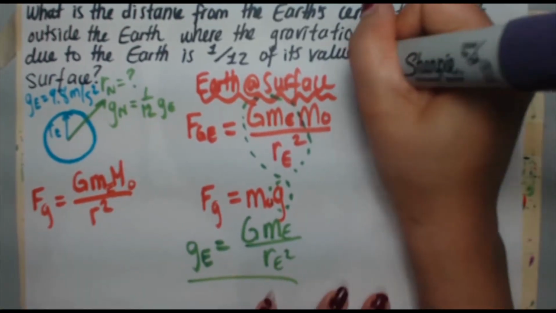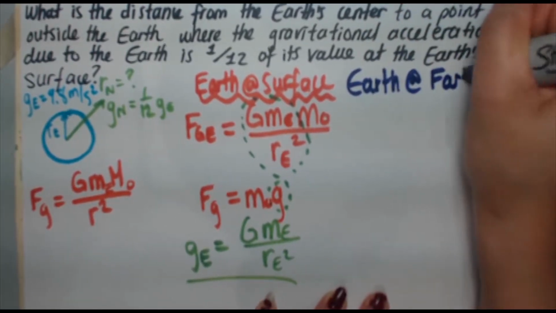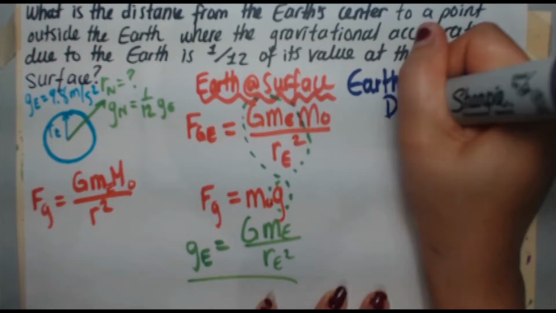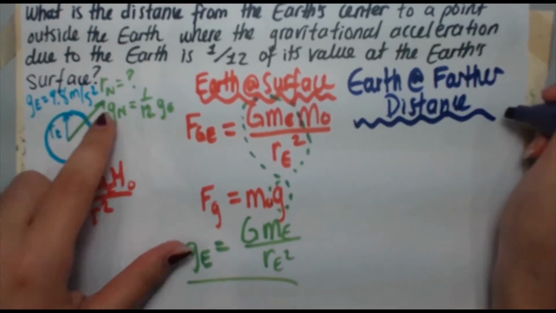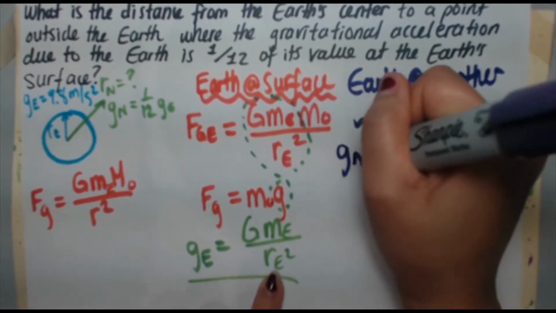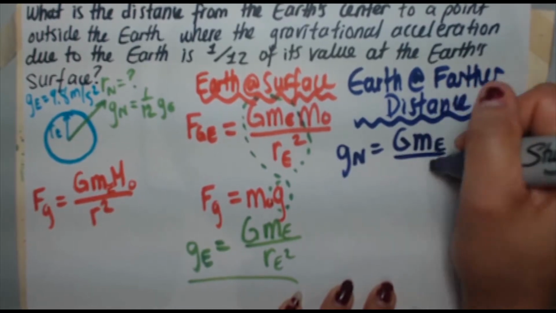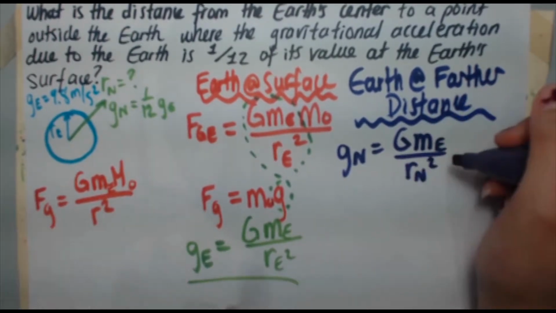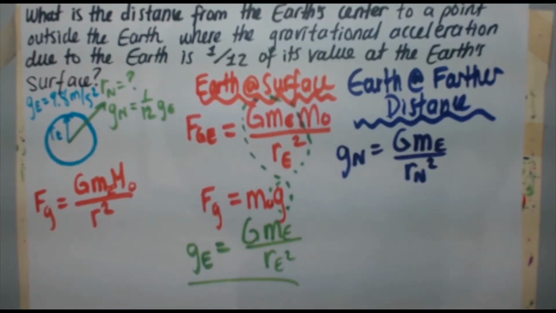Now, let's look at Earth at a further distance. At a further distance, we're talking about g_n, R_n. Based on this formula, we can say that g_n is equal to G m_e over R_n squared. R_n is the distance from the center of the Earth to that new location.